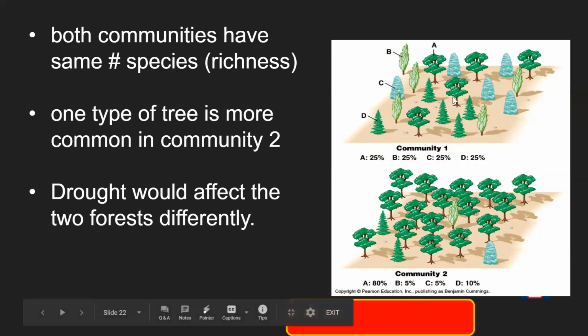But in the top picture, the evenness is very similar because there's 4 or 5 of each kind of tree, versus in the bottom picture, there's the same number of species present, but this dark green kind of fluffy looking tree has dominated this area. So between the 2 pictures, if you had a drought or something, it would affect these 2 communities differently.